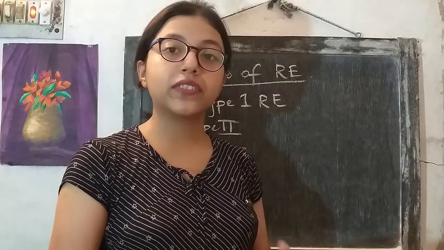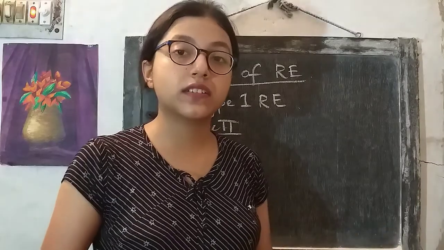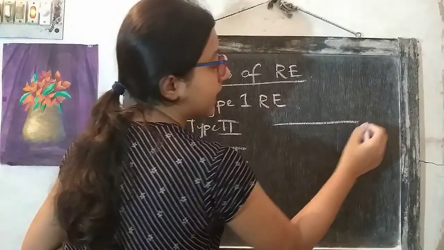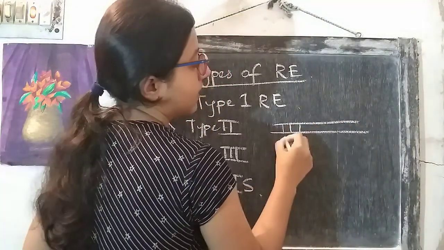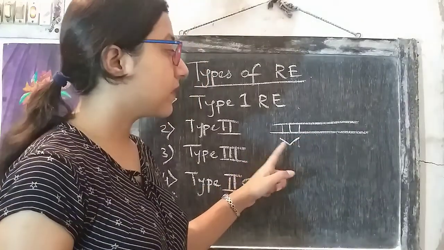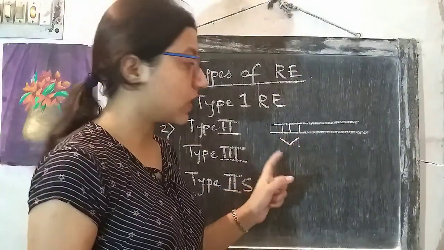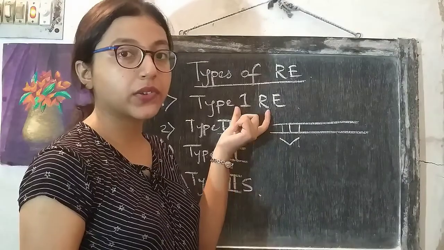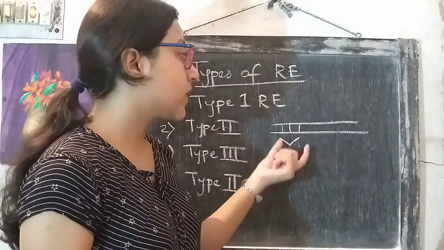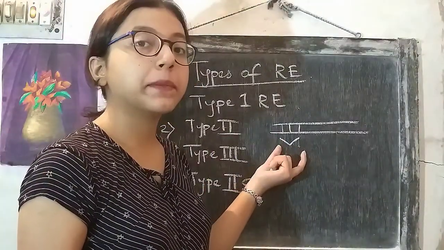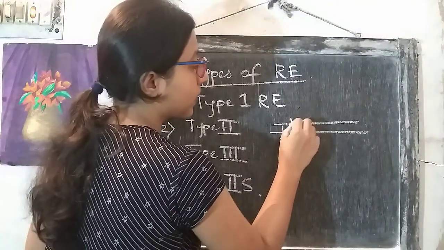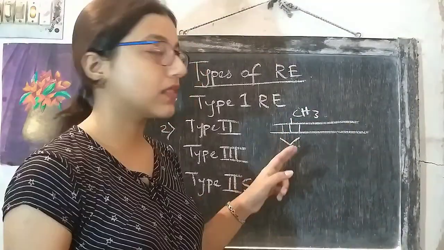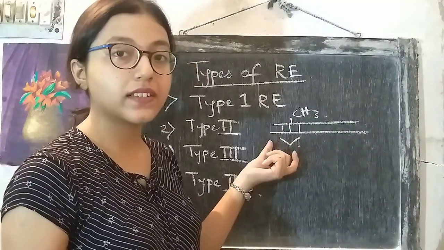it. Modification is by methylation, as I have just said. So if this is a DNA strand, suppose this is the site of recognition. So what this restriction endonuclease will do is that it will recognize this sequence and will methylate it. So this sequence will be methylated. The endonuclease will recognize the sequence.